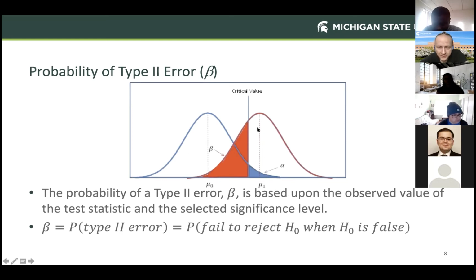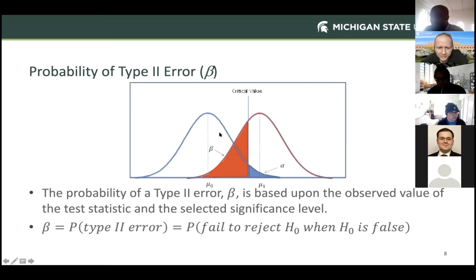In that context, we're interested in the entirety of this distribution that would fall within the rejection region, because this distribution needs to be far enough away from the center of the null hypothesis such that we can reject. But depending upon how large the difference is or how much variability there is in our data, there may be a sizable portion of that distribution where we simply don't have enough evidence to reject because we're not able to exceed that critical value.